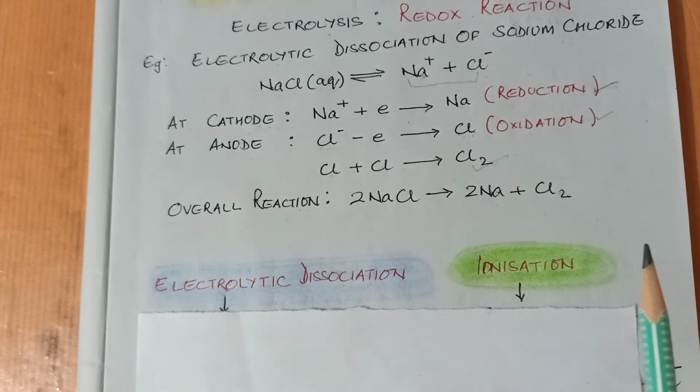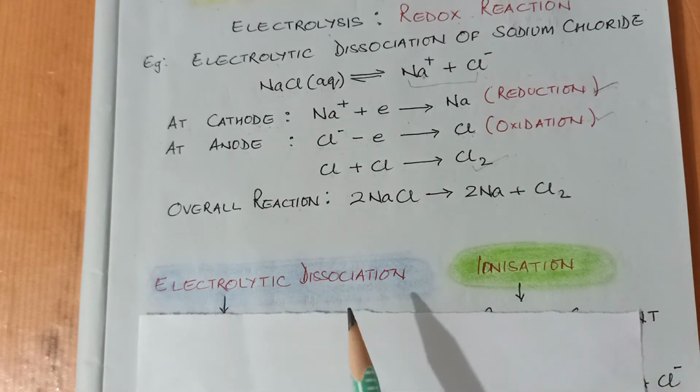Now let us first understand what is electrolytic dissociation. Electrolytic dissociation is the process due to which an ionic compound dissociates into ions in the fused state or in aqueous solution.